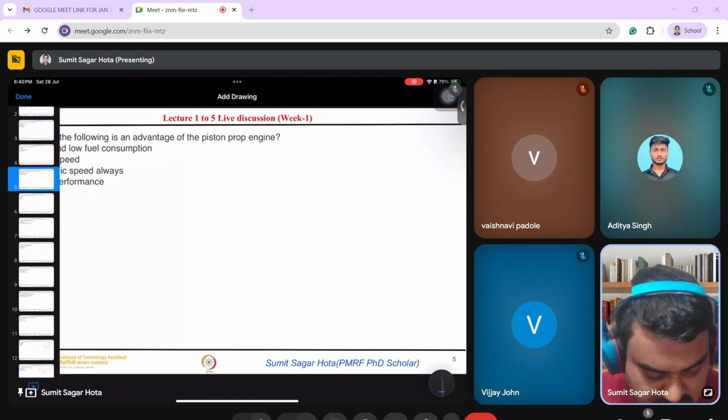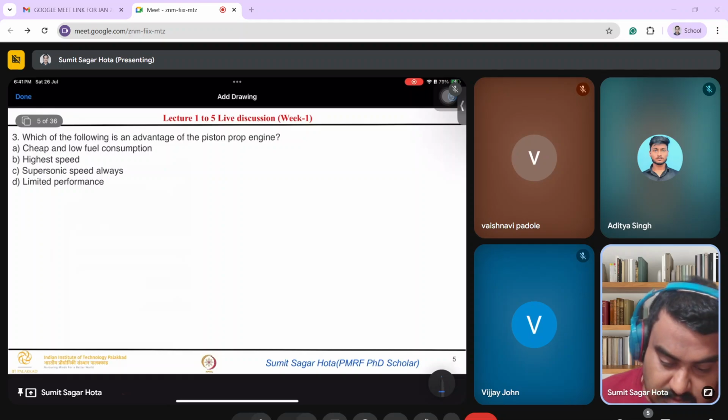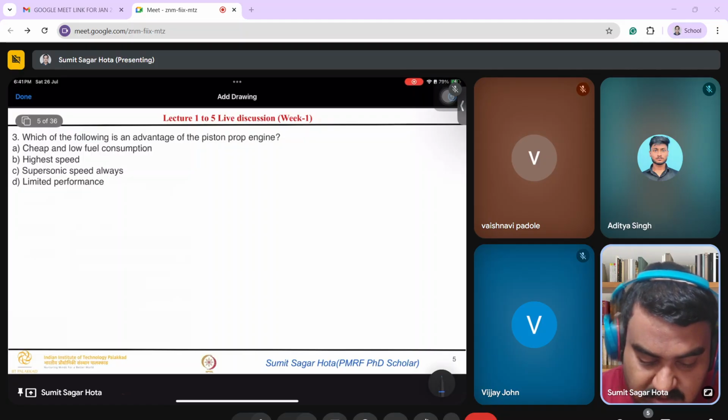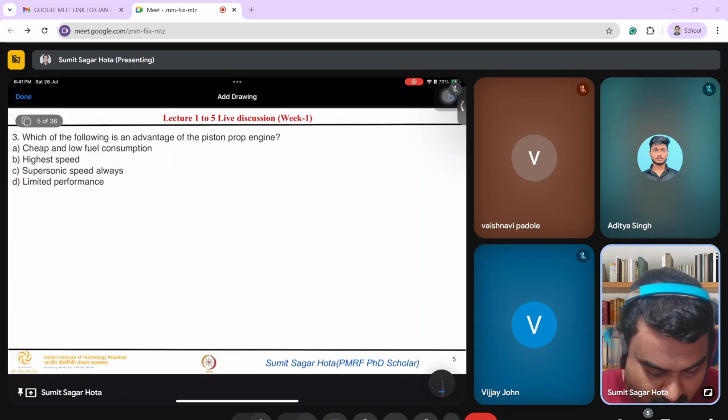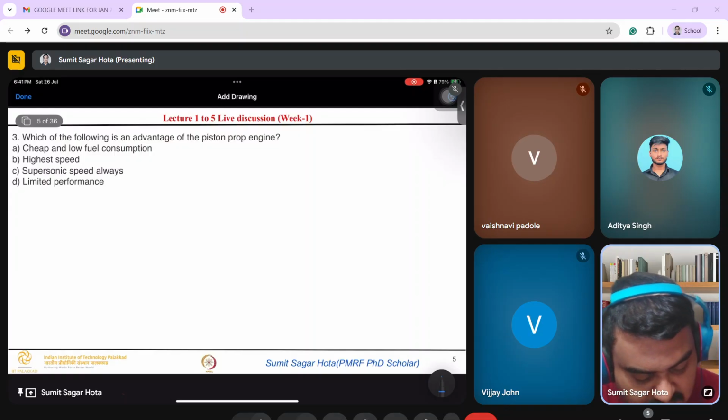So next is, which of the following is an advantage of a piston prop engine? A piston prop engine always deals with cheap and low fuel consumption.